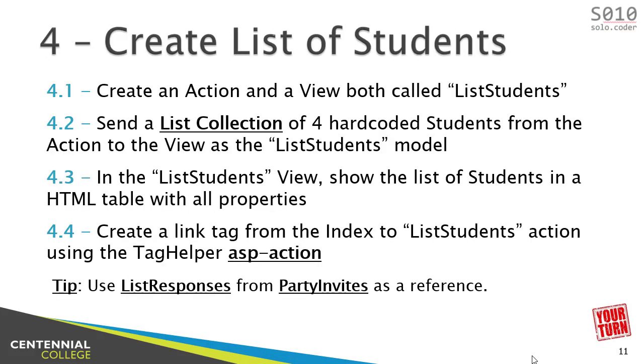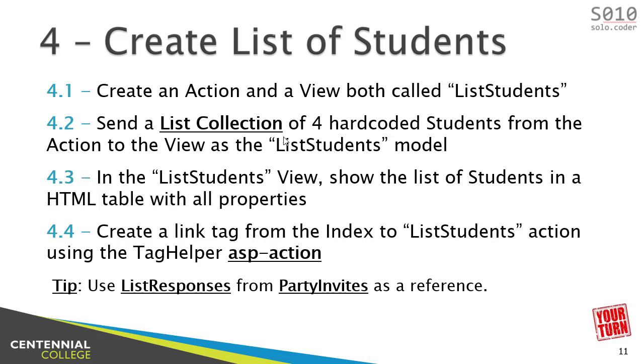So step number 4, here it is. You're gonna be creating an action and a view, both called list students. In the list students action, you're gonna create 4 hard-coded students using a list. Last week, remember, we saw how you can initialize a list of objects. So you're gonna use that same technique from last week.